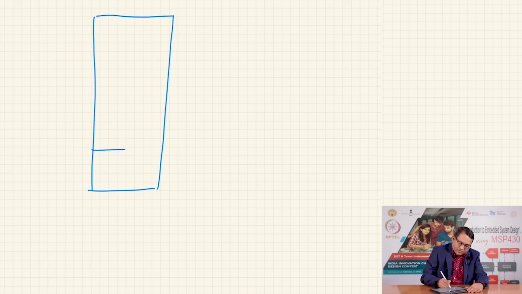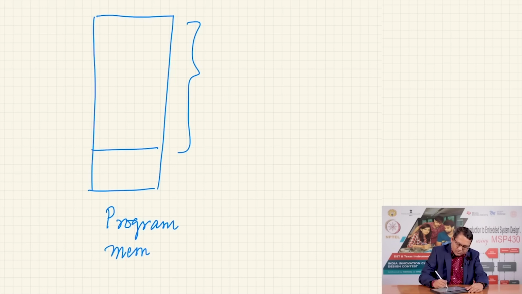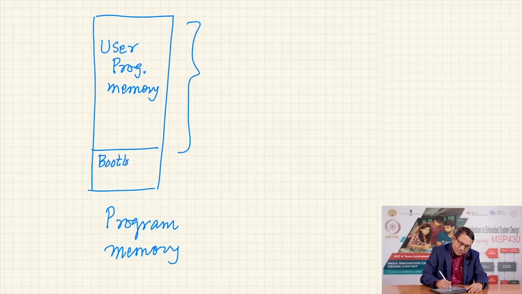The major chunk of your program memory, this is your program memory, the major chunk would be this one, which would be called user program memory, and a smaller chunk would be called bootloader program memory.